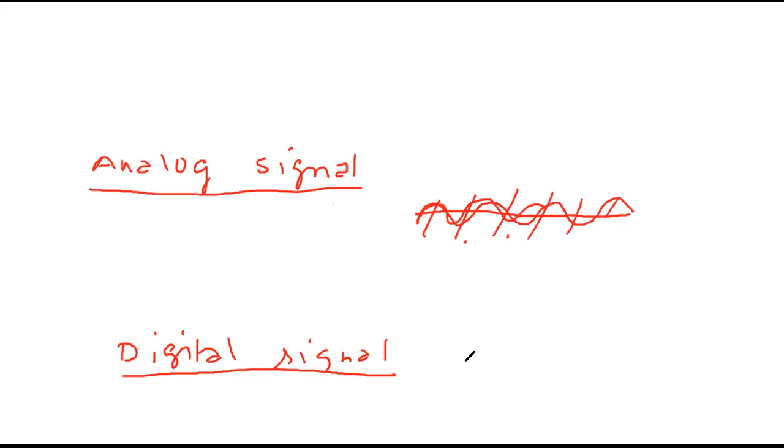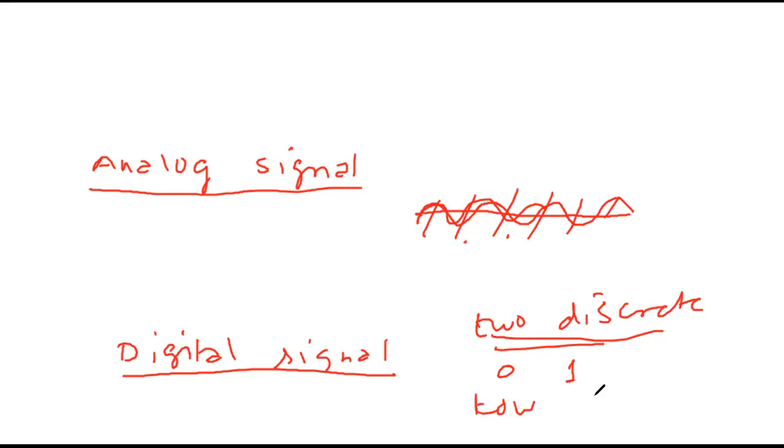Digital means what? A signal which has only two discrete values, it is not continuous, discrete values. A signal having only two discrete values, 0 and 1, or low and high, is called a digital signal.